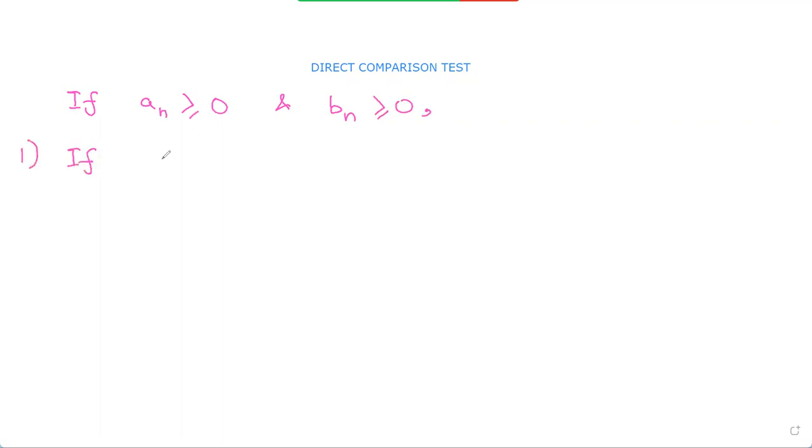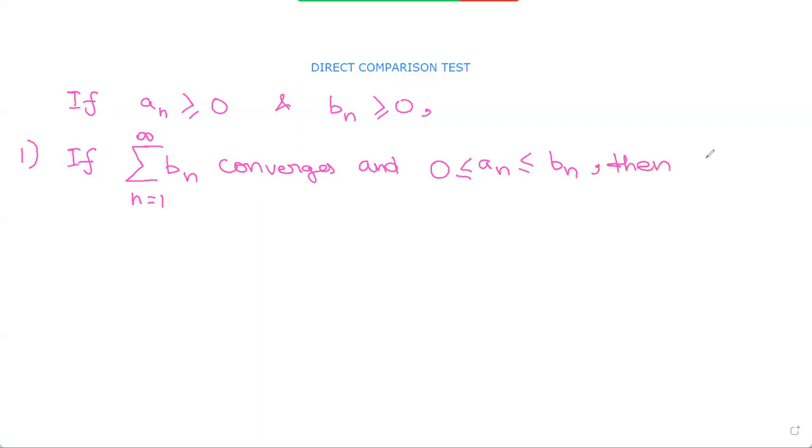If the sum from n equals 1 to infinity of b_n converges, and a_n is between 0 and b_n, then the sum from n equals 1 to infinity of a_n converges. So in this case, b_n is greater than or equal to a_n. And if that's the case, and if b_n converges, then a_n also converges.